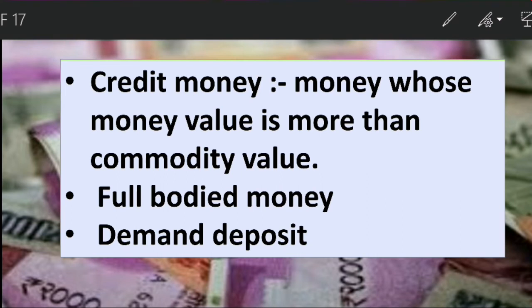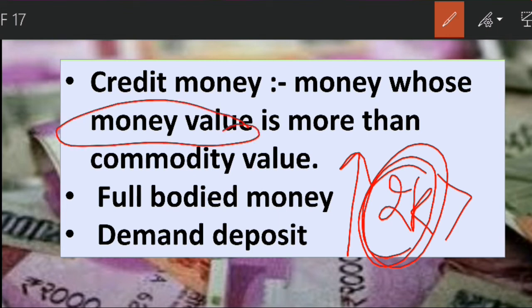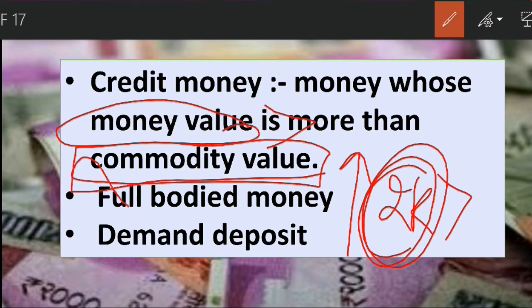The value that is written on that paper, 2000, is more than the value of that paper itself. Okay, because that paper is hardly of rupees 10 or 20, but the value that is printed on it is much higher. Okay, so any money whose money value is greater than the commodity value with which it is printed or minted, that will be called credit money.